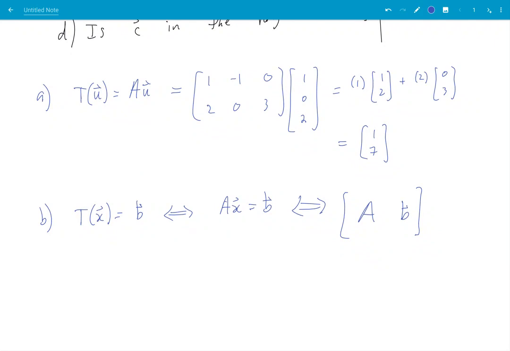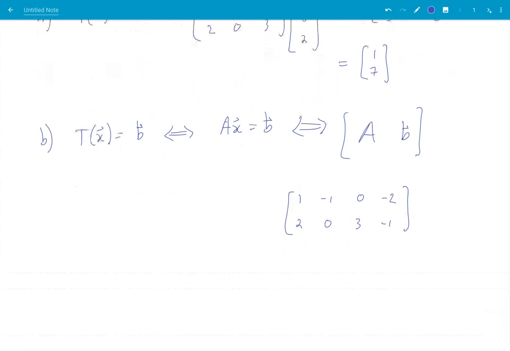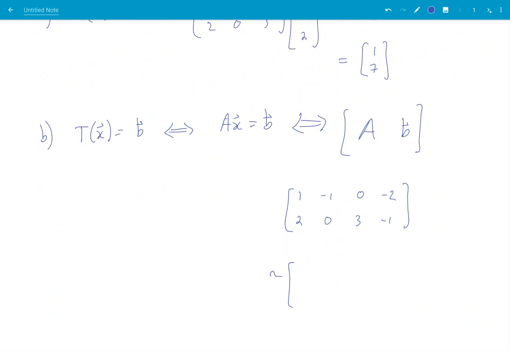So what is that? 1, -1, 0, 2, 0, 3, augmented with b, -2, -1. So we just reduce this. To find this x is the same thing as solving this system, which I go ahead and do.